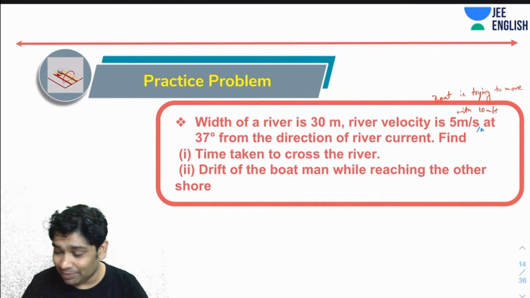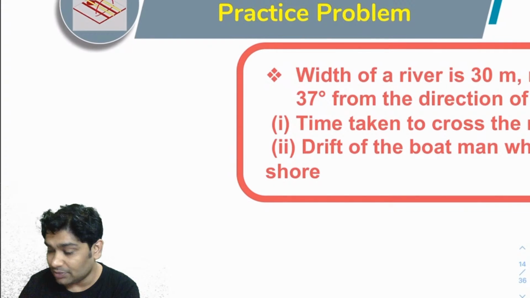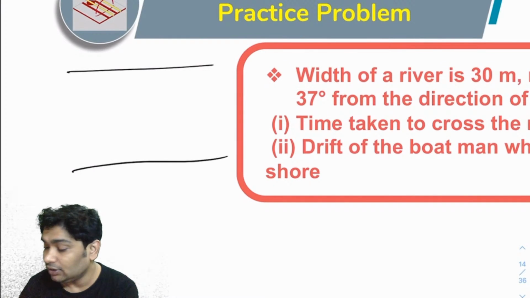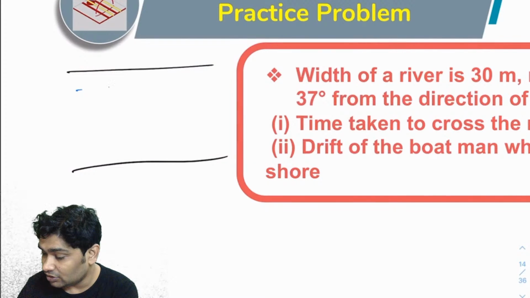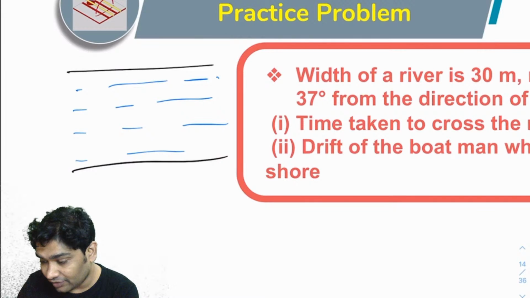All right. So let me just draw a diagram also. So the situation is something like this. You have a river here, and the river is flowing with some velocity. So velocity of river is 5.